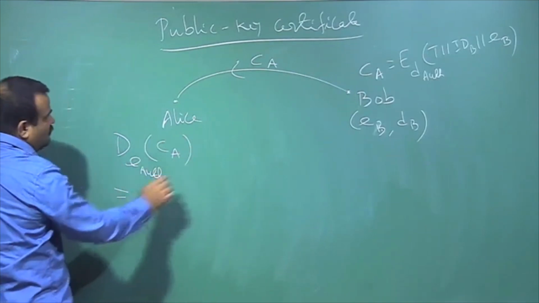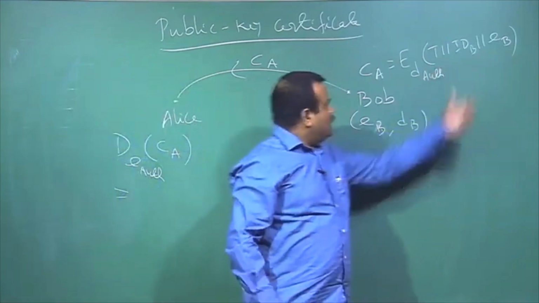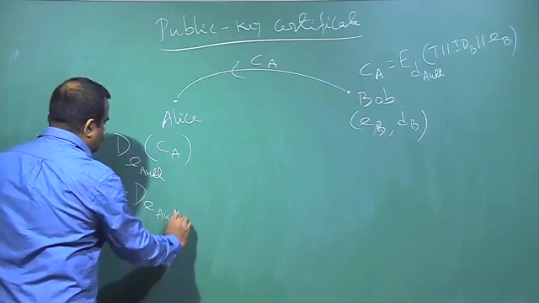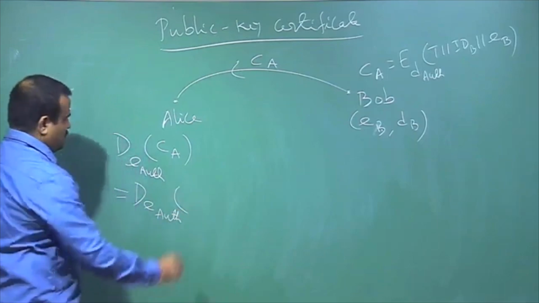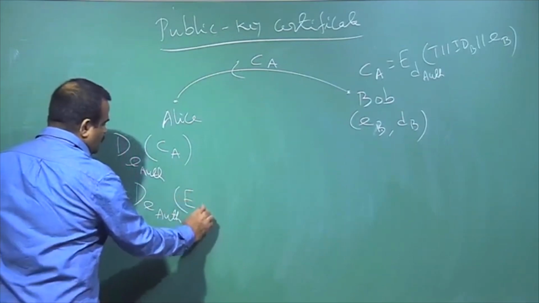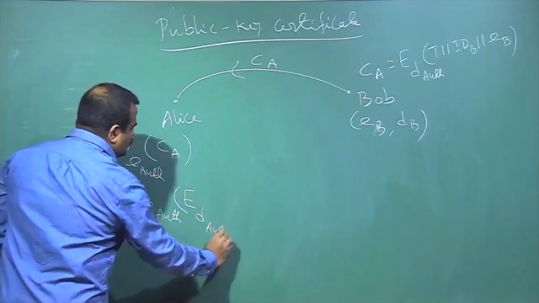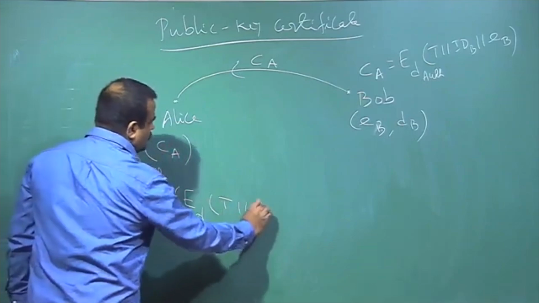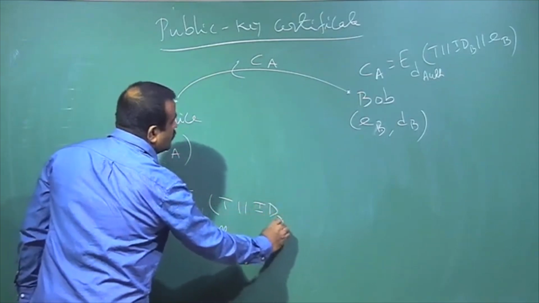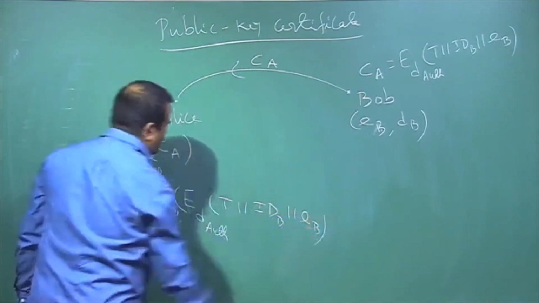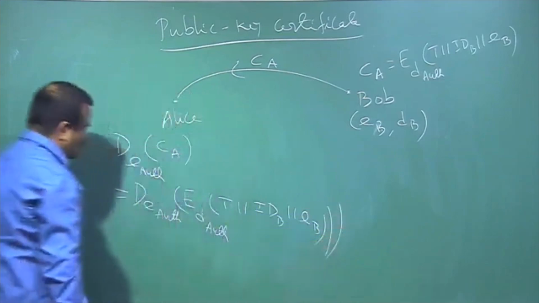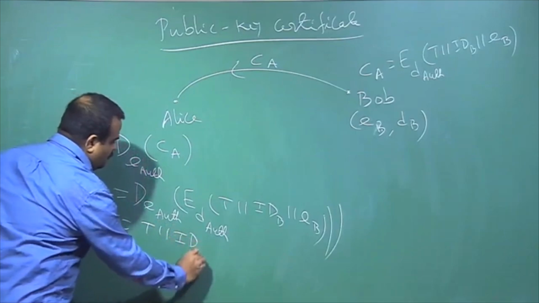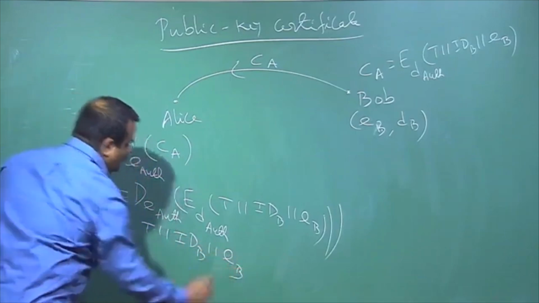So, this basically gives us D of E auth and E of D auth, T, E of B. Now, these two will cancel, and it will give us T, ID of B, and E of B.